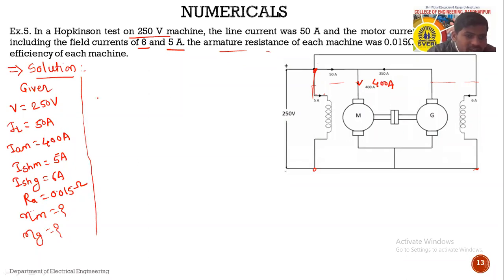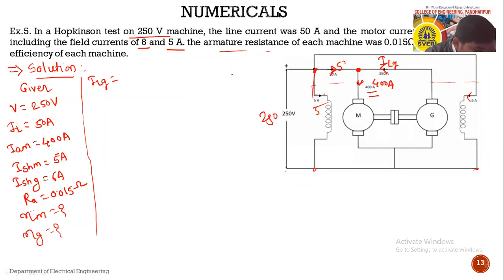ओके, सो सी 250 वोल्ट सप्लाय आहे, 50 एम्पियर नो लोड करंट आहे, 6 एम्पियर जनरेटरच्या फील्ड वाइंडिंगचा करंट आहे, 5 एम्पियर मोटरच्या फील्ड वाइंडिंगचा करंट आहे, 400 एम्पियर इट इज द मोटर करंट. सो हा जर इकडे 400 एम्पियर असेल, दिस वन इज द 50 एम्पियर. व्हॉट इज द आउटपुट करंट ऑफ द जनरेटर? इफ वी अप्लाय द KCL हियर, जर मला हा IL ऑफ G कॅल्क्युलेट करायचं आहे, सो IL ऑफ G is equal to, this one is the incoming, this one is the outgoing, this one is the incoming.